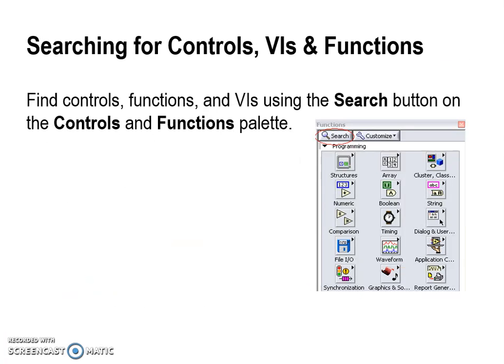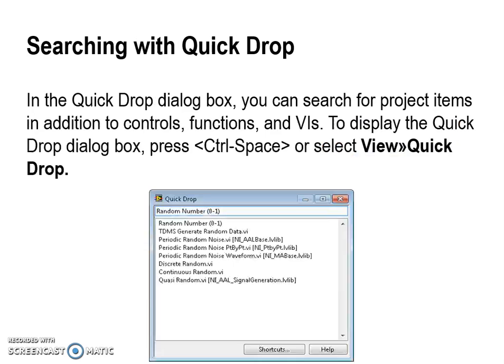We've used the search quite a bit. The search feature is available in the front panel as well as the block diagram. So if I don't know where a certain feature resides on which palette, I can simply search for it. A week or so ago, we used the merge signal to put two different data types, or two different streams of data, on one waveform chart. If I didn't remember where that resided on my functions palette, I can select search, type in merge, and then I'll get some results.